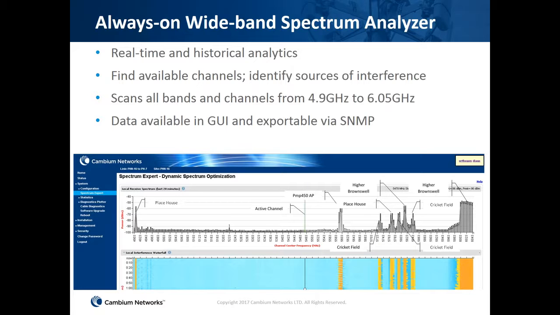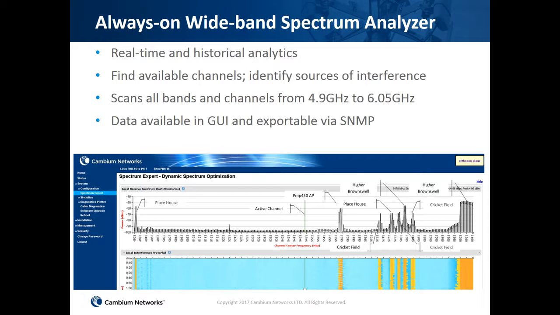This is the online spectrum analyzer, which shows the power level from 4.9 all the way up to 6. This is just the overall spectrum. You can see in the 5.7 band, you have a lot of interference happening. So let's say you have a 40 meg channel in the middle, and suddenly you get a burst of interference.